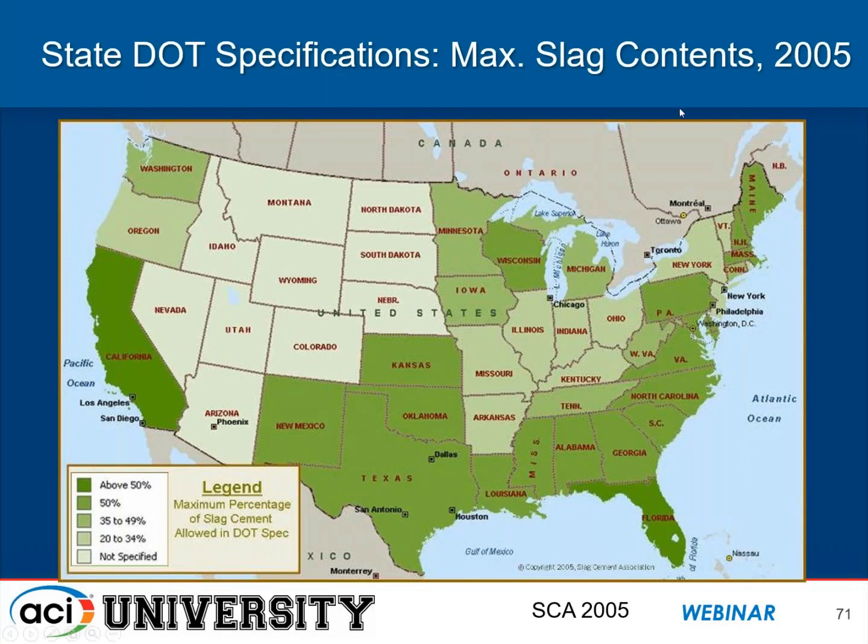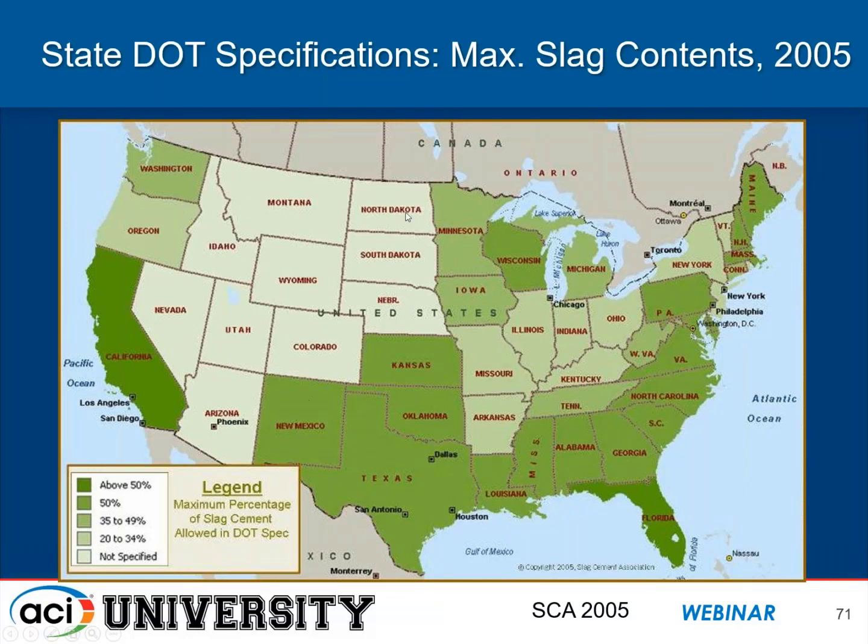Now this is a somewhat outdated map. Apparently the SCA has new data, but it hasn't been graphed yet. And it shows the maximum amount of slag allowed by different state DOTs. So the dark greens are above 50%, so Florida, California. 50% of the medium greens, and then 35 to 49% of these Iowa, Minnesota greens. 20 to 34% are the lighter greens, which would be Mississippi, Arkansas, Ohio, New York.